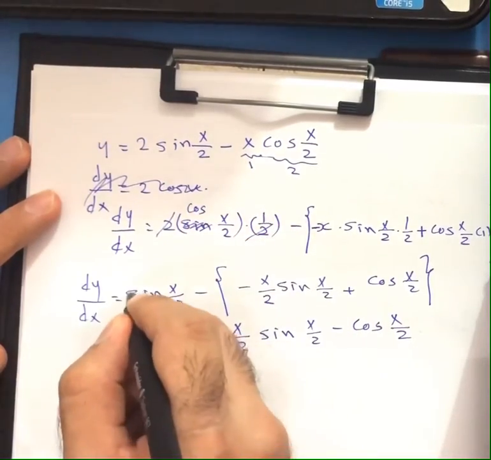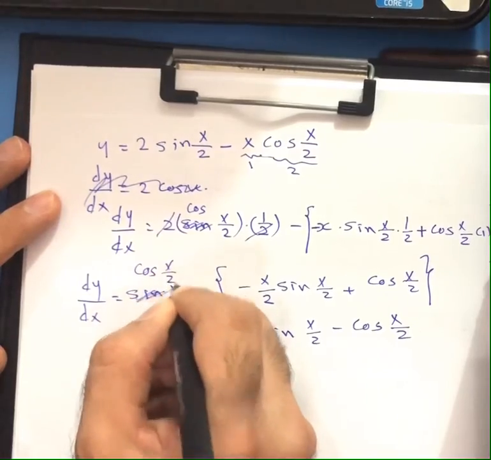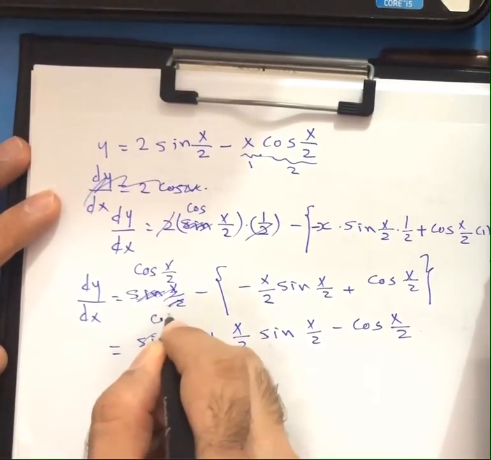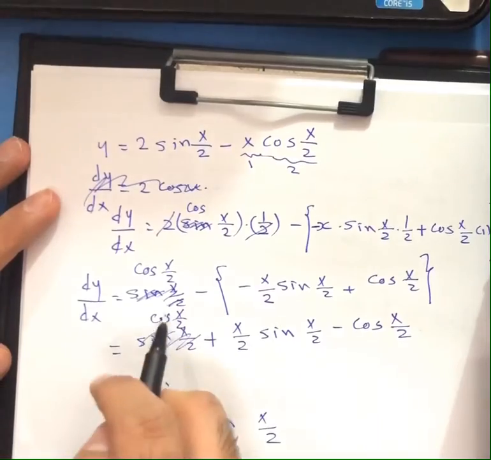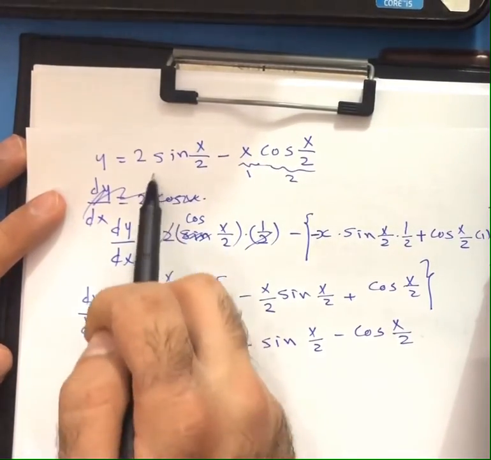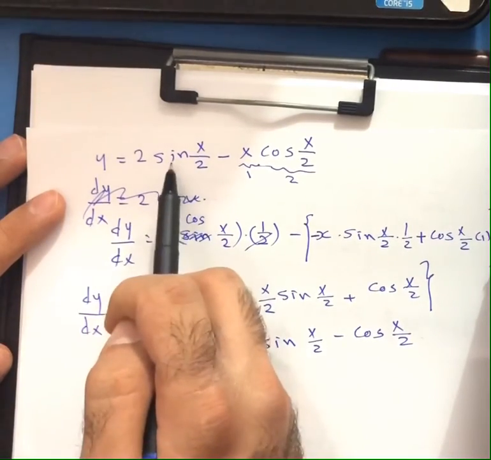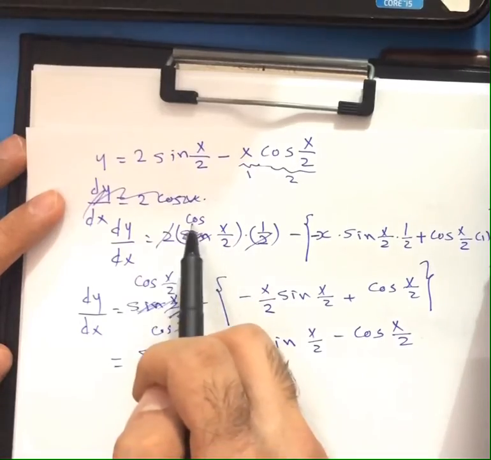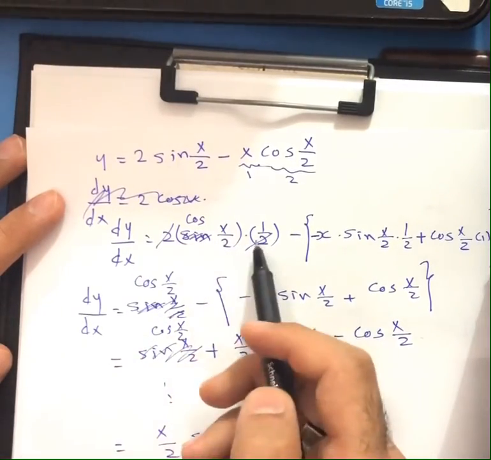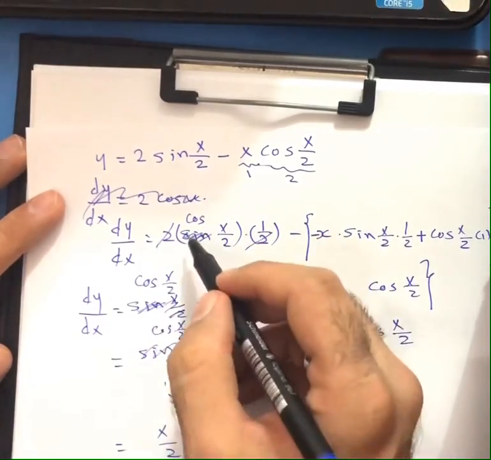This is 2 sine x over 2, and in order to find the derivative, we know that the derivative of sine is cosine x over 2, as illustrated just a few minutes ago.